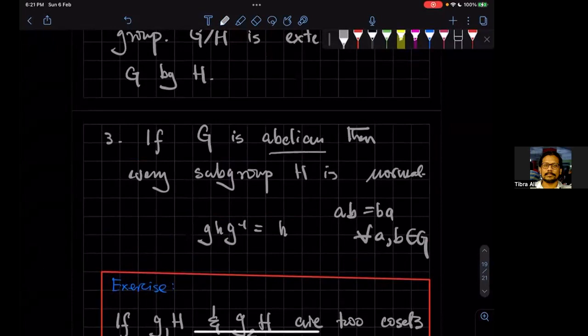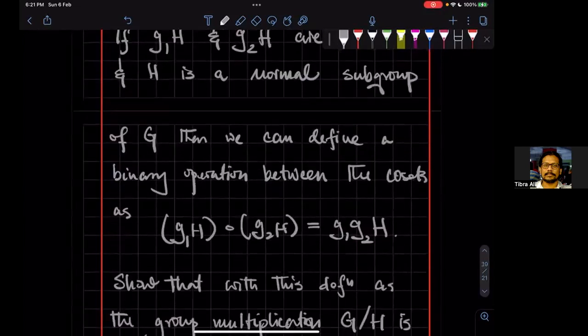Of course, if it's commuting, then the left-hand side is simply G inverse H, and G inverse is E of H, right? So if a group is abelian, if all the elements commute, which is not the case for groups in general, then any subgroup it may have is a normal subgroup, right?